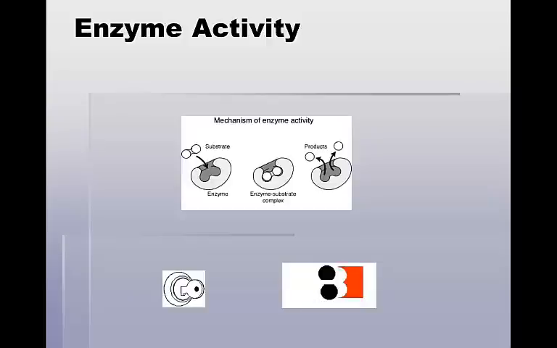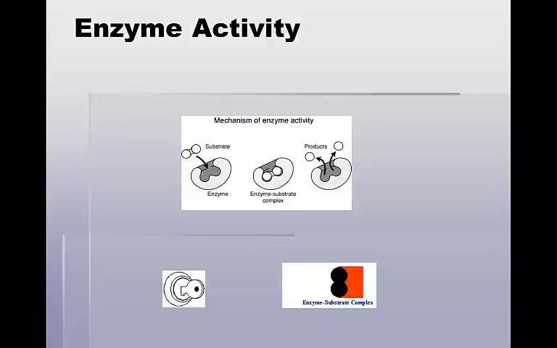So essentially what you're seeing right there in the animation and in the diagram above is a hydrolysis reaction. Maybe that black substrate is a disaccharide, and it's being broken down into two monosaccharides by the enzyme. Let's make up some numbers just to put this in perspective. Remember, enzymes are lowering our activation energy.